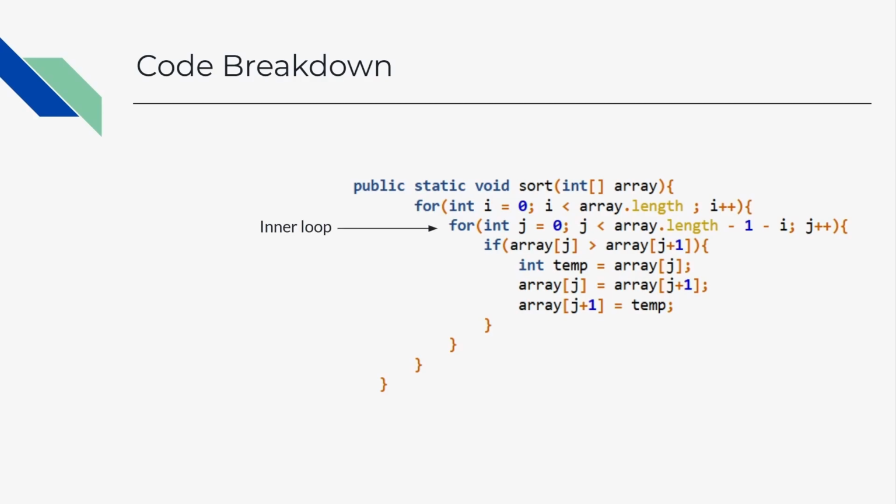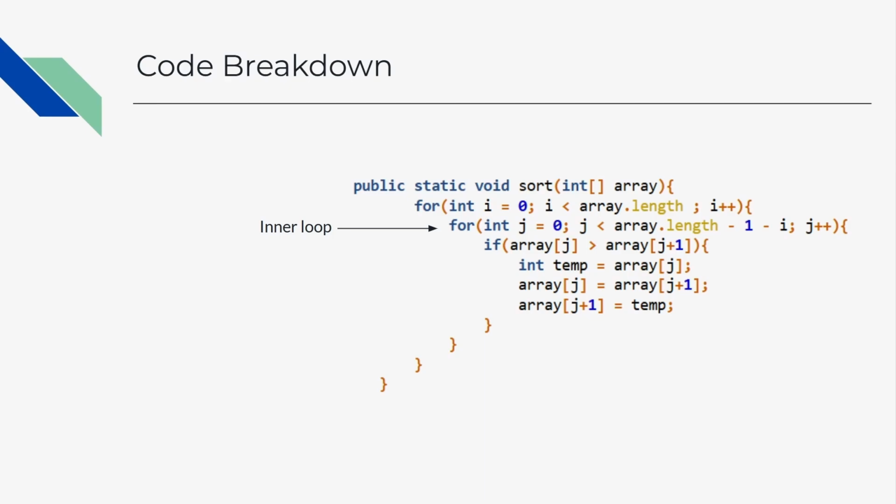In the inner loop, we can see our index j, which will also start from the first element, and it will continue checking the conditions to see if we have to perform a swap between two elements which are out of order. Our inner loop will iterate until the last index of the unsorted portion of the array.